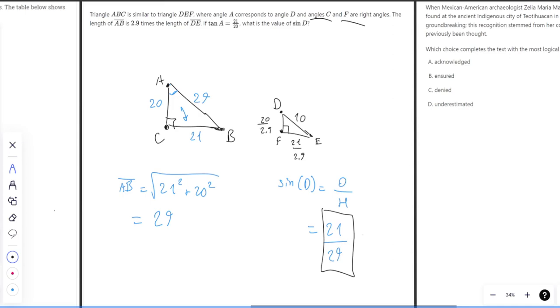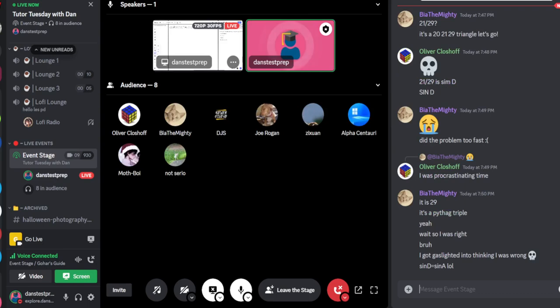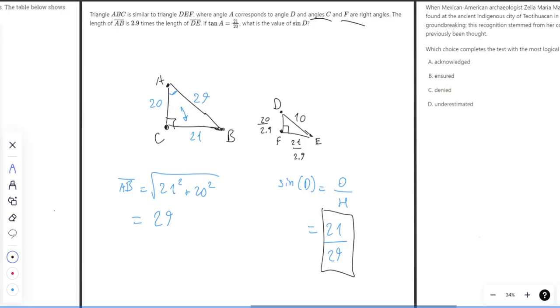I'm not going to evaluate that because it's going to be ugly, and I prefer to work with the integers. Let's see, 21 over 29. Yeah, you guys got it. Sine of A is equal to sine of D, so we don't really need to use a scale factor.